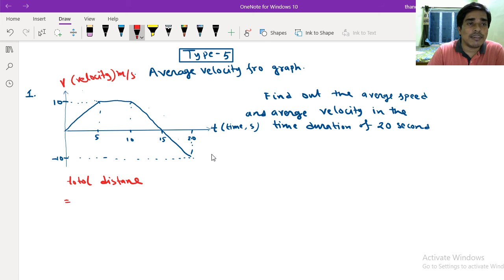The total distance is given by the area under the VT graph.